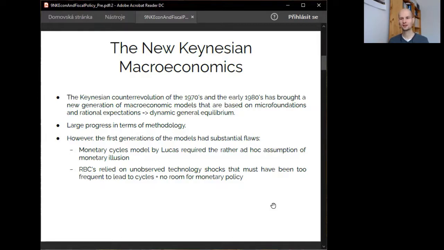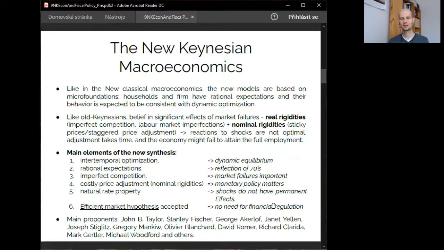but to reflect the changes in economic theory in the 1970s. So, like in the new classical macroeconomics, the new models started to be based on micro foundations. Again, households and firms have rational expectations there, and their behavior is expected to be consistent with dynamic optimization.